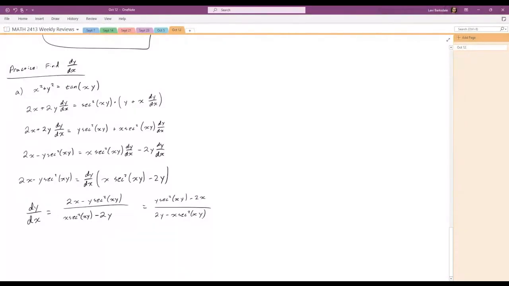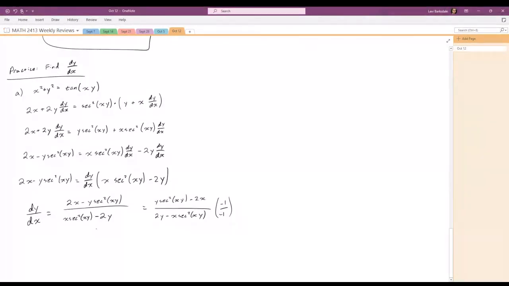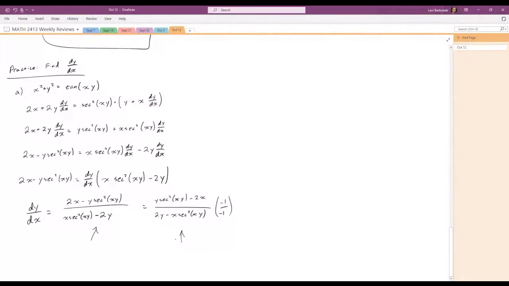So these are the same thing. It's just that if we take this second result and multiply by -1 over -1, we'll get the first thing. So it really comes down to which side did you decide to put your dy dx's on, whether or not you got this one or this one, but they're the same answer. So just a note if you got something slightly different than what I got.